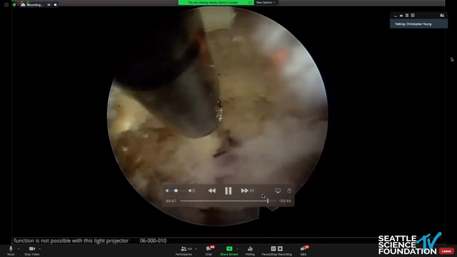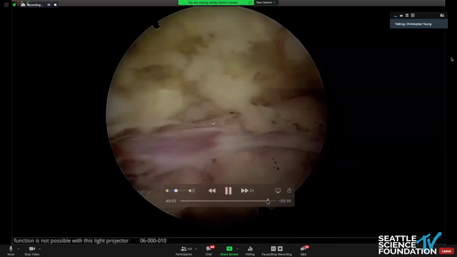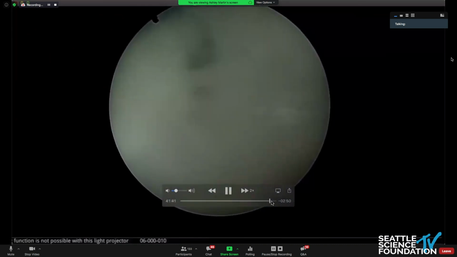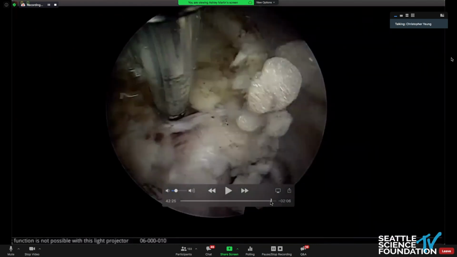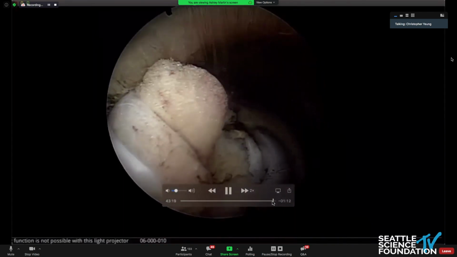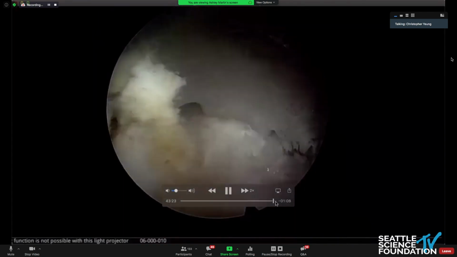Going to the epidural space, again, just making sure that stenosis is decompressed. And then I'm going to wrap this up and come on out. At the end, we'll typically, got 40 seconds here.